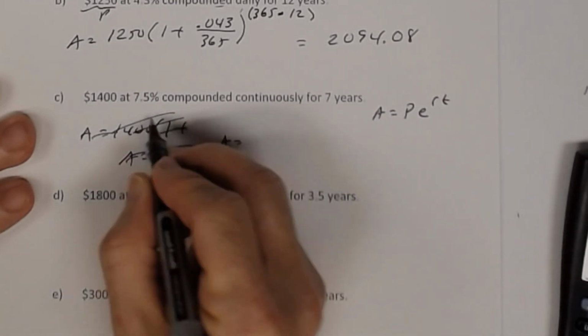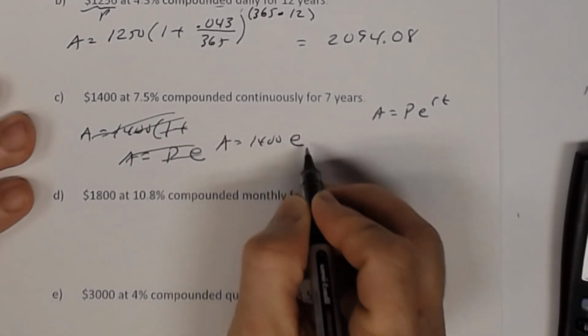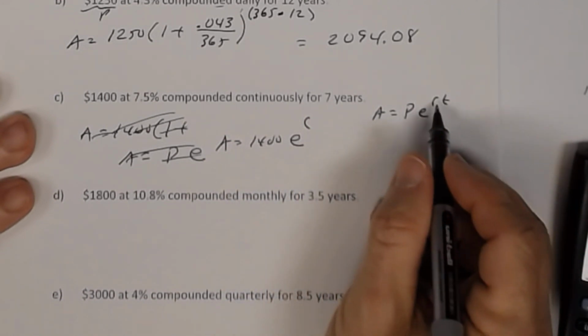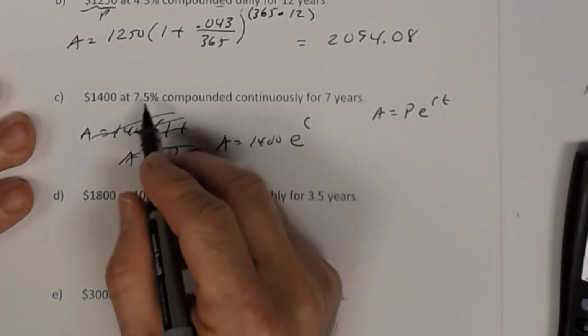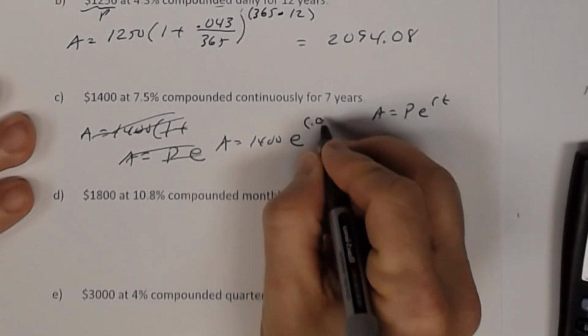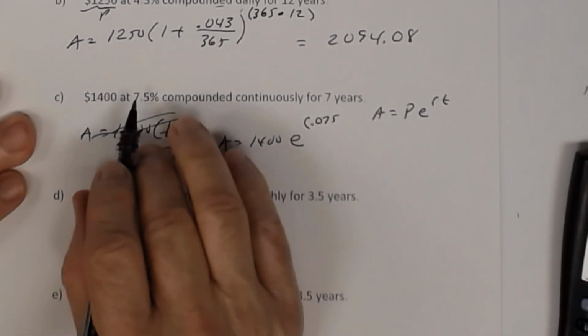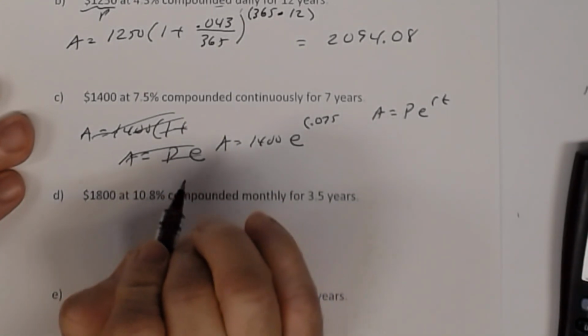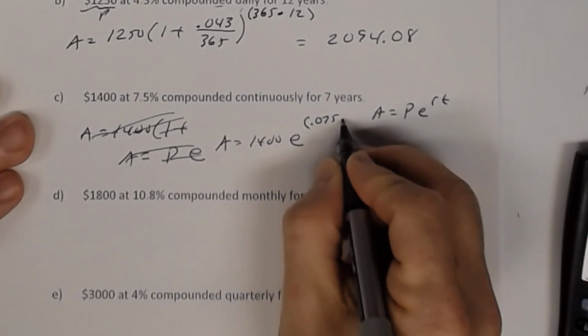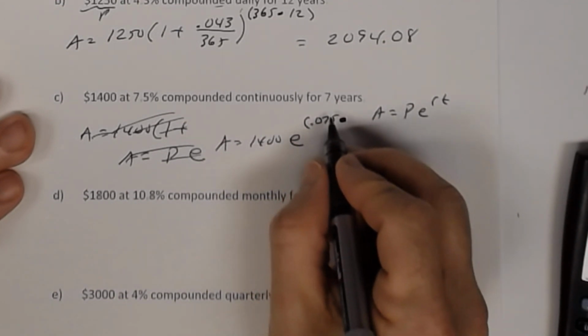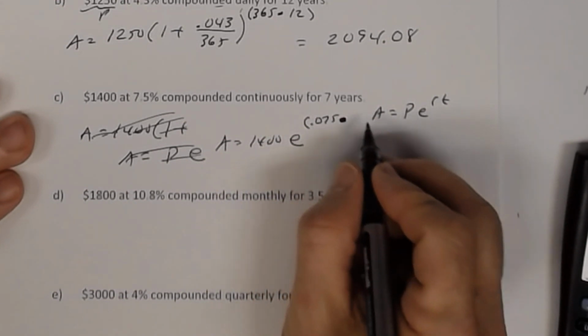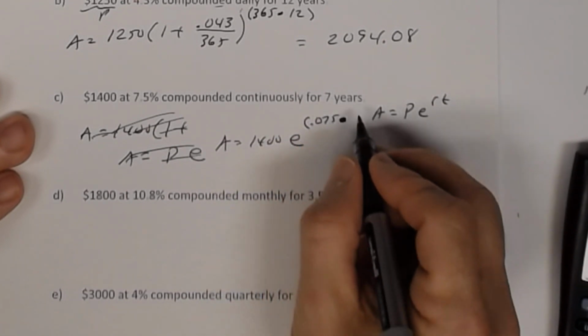Okay, A equals P, 1,400, times e raised to the, I put that in parentheses, the rate is 7.5 percent, you got to change that to a decimal, so that's 0.075. Now, when I say change to a decimal, I mean drop the percent and move the decimal point. That's what we mean. Times, so I'm going to put a larger dot for multiplication. So that decimal is being multiplied by t, which is 7.